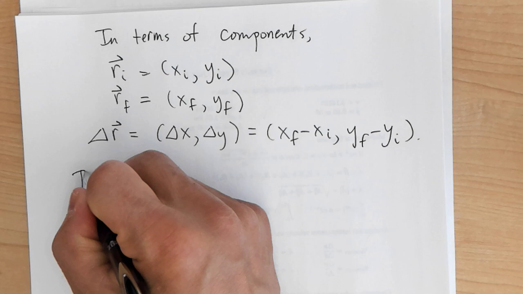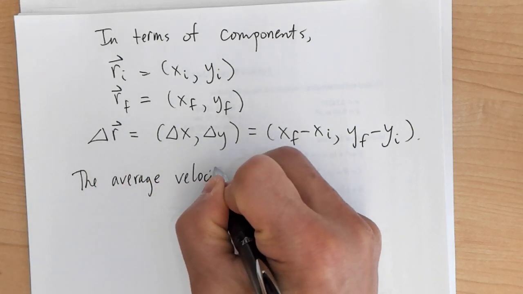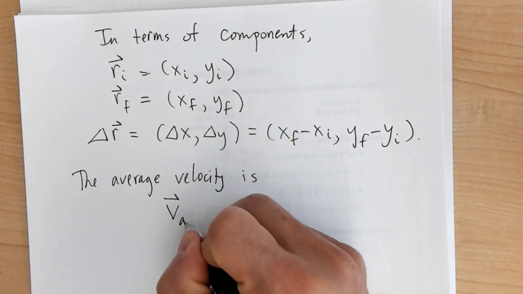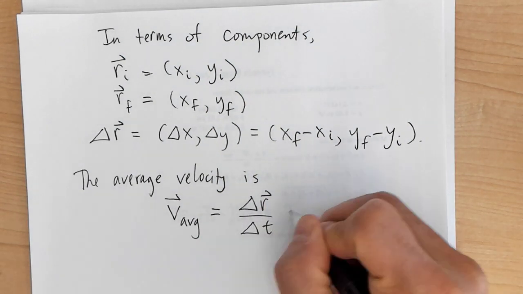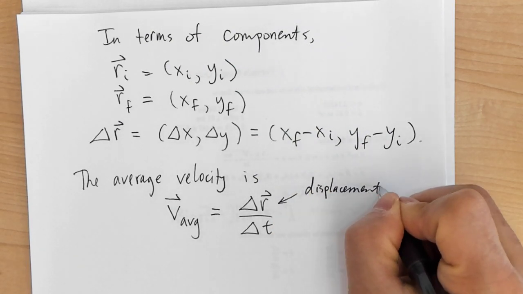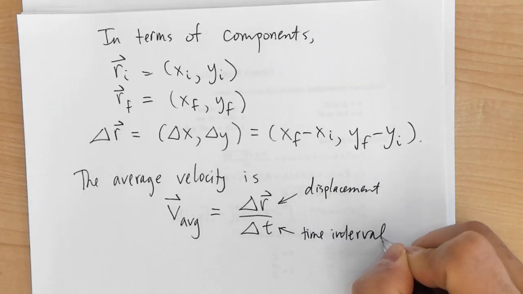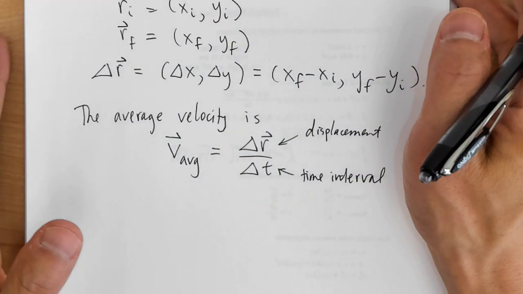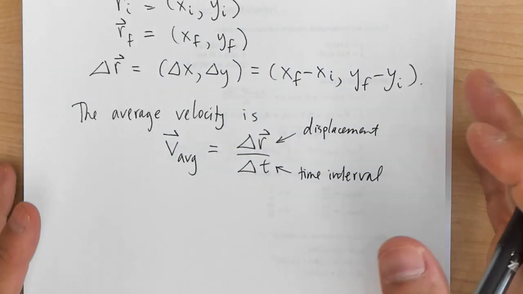The average velocity is defined as V average, and that will be delta R, the displacement we just defined, divided by the time interval. By the way, if you have any questions, go ahead and ask my student who's supervising this lecture, and he'll stop the video and answer your questions.